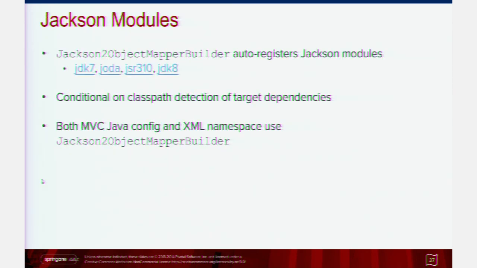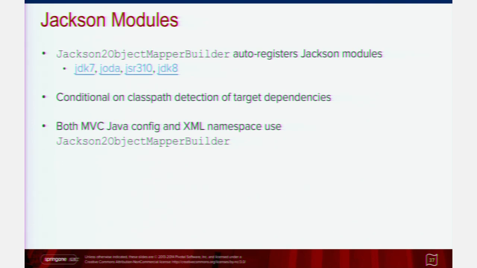There are also certain Jackson modules that are now auto-registered. You see the list here. Internally, we use the Jackson2ObjectMapperBuilder, which you may not have heard about, but it's a really useful thing because it allows us to provide certain defaults, essentially a preconfigured object mapper.